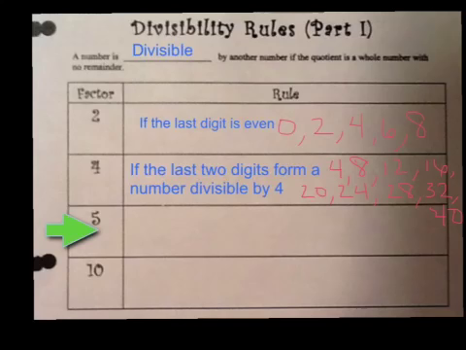The divisibility rule for 5 is if the last number is 0 or 5. So we're going to put that in our notes section for 5. If the last number is 0 or 5, the number is divisible by 5.